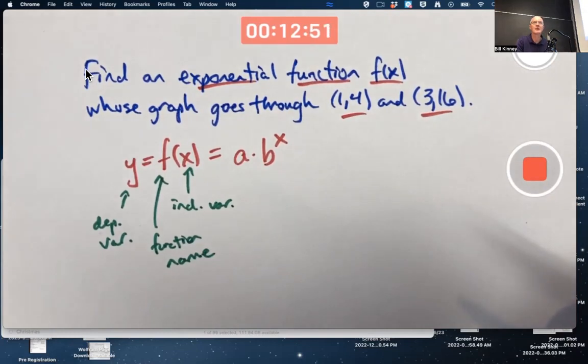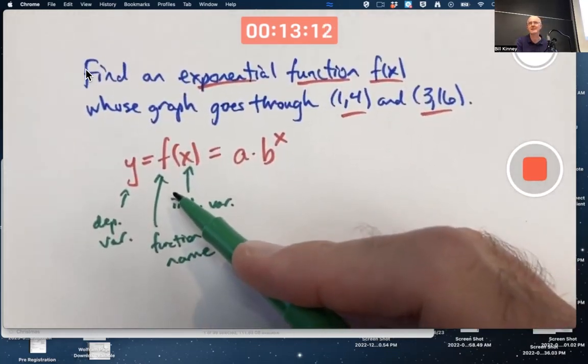Function name. What is a function? It's an abstract idea. It's a rule of assignment that for any given input gives you exactly one output. You've probably heard that before. Maybe you don't remember it. We give functions names.